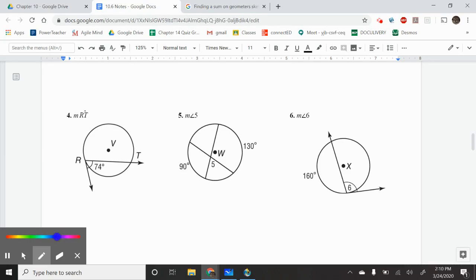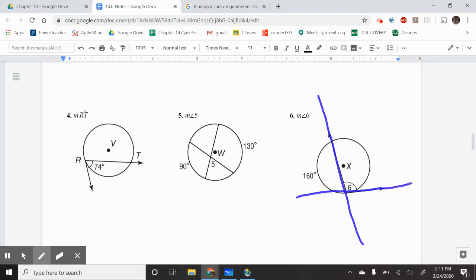For the last question, we have a secant and a tangent. And again, you can do this the fast way. They're asking us for the measure of angle 6. Okay. So the first thing I'm going to do is figure out, well, what's the measure of that arc? Well, on this side, we have 160 degrees. The entire circle is 360 degrees.